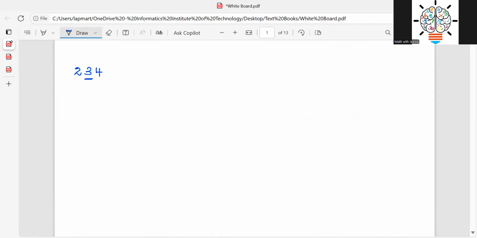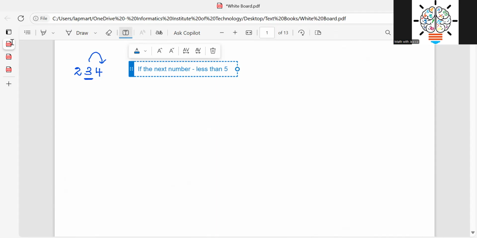This is the tens place, right? I look at the next number. If the next number, the number which I have marked with the arrow, is less than 5, we don't change the tens place digit.